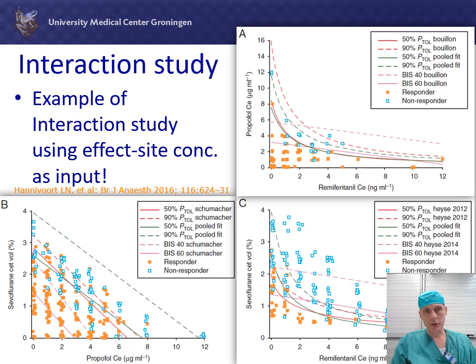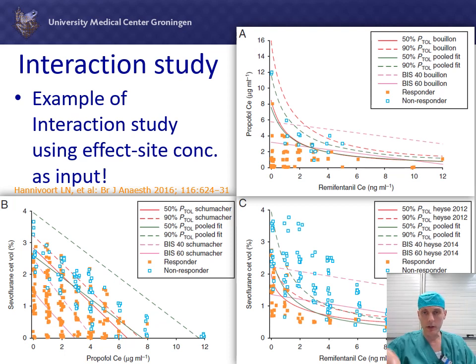As an example, I show you the results of our interaction studies, where we were able to quantify the additive interaction between sevoflurane and propofol, and also the interaction between sevoflurane and remifentanil.